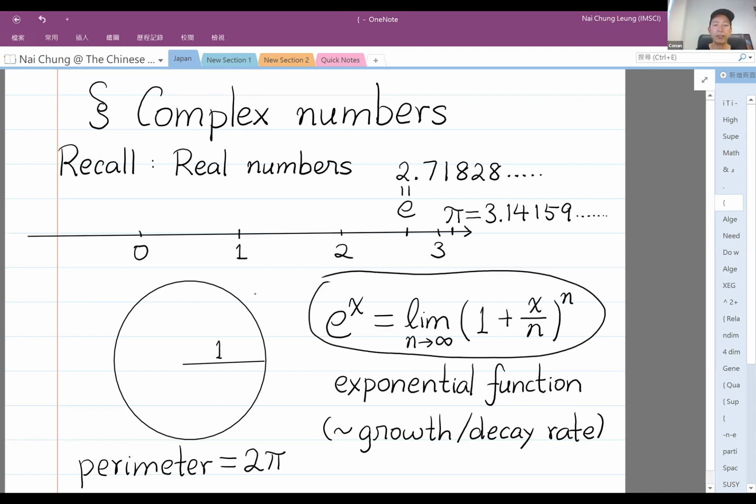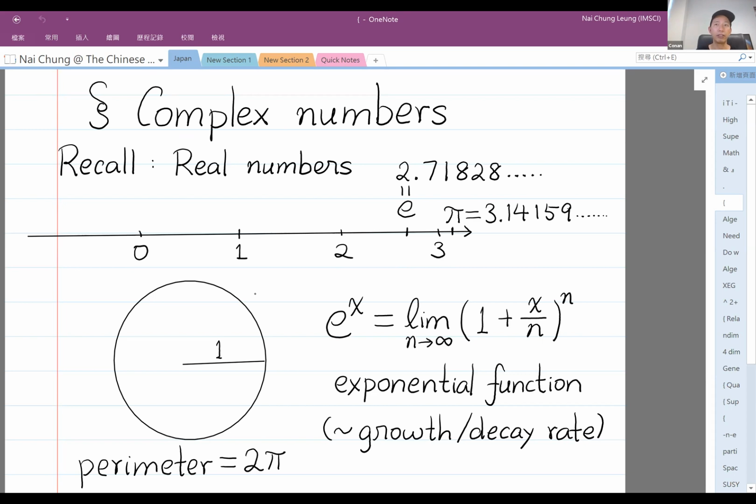So for example, if x is 0 or x is 1, then you get e here. The number pi is important for the circle, sphere, and all those geometry. And the number e is important for growth and decay. Like if you put money in the bank, how much money you get at the end of the years is related to exponential functions, or the decay of particles that is controlled by exponential functions.